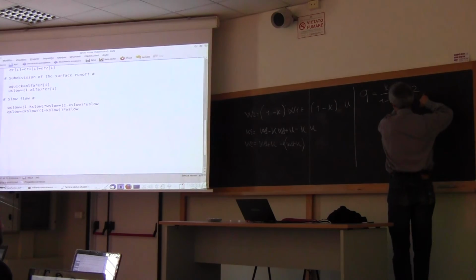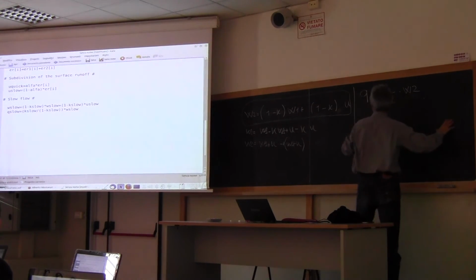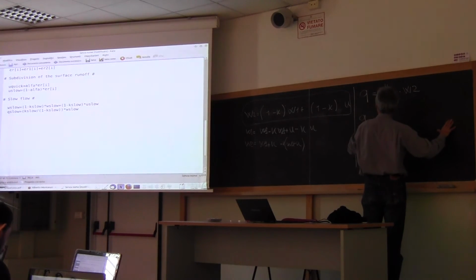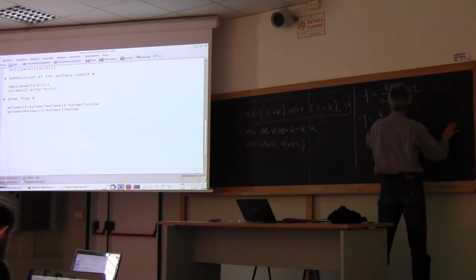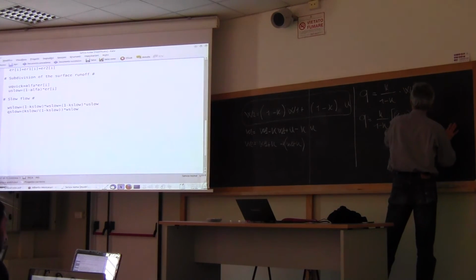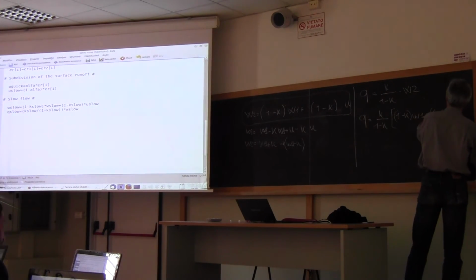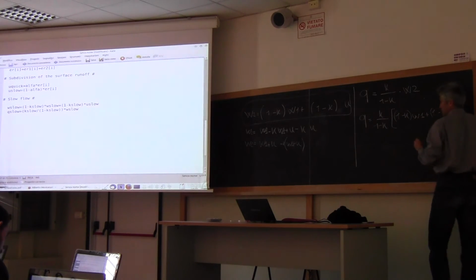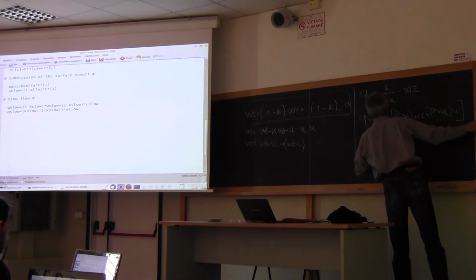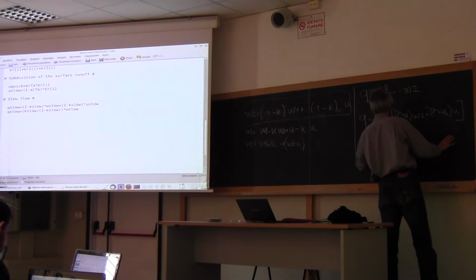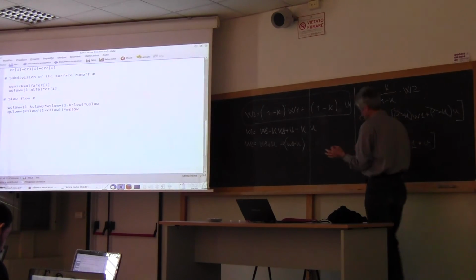So let me substitute for W this one. So Q is equal to K over 1 minus K, which multiplies 1 minus K times W1 plus 1 minus K times U. At this stage, you easily see that the 1 minus K goes out, and we remain with Q is equal to K times W1 plus U, which is what we would expect.